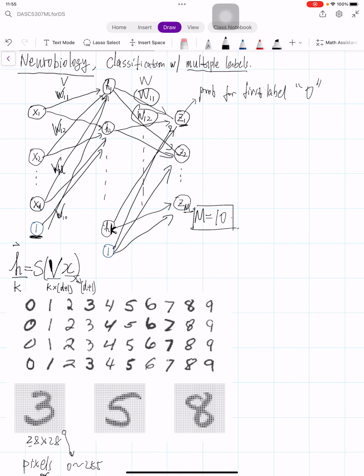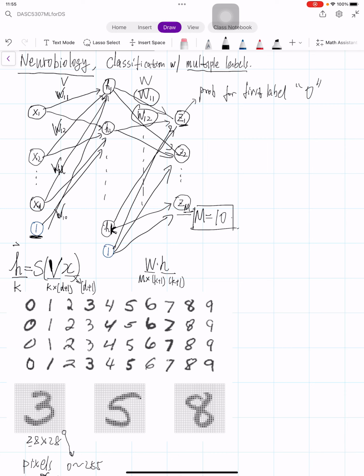Once you get the hidden values h, you apply the W matrix: W multiplied by h. W is a matrix with m outputs times k plus 1 inputs. So this is the dimension of W; h has dimension k, but we augment it with a 1, so it's k plus 1.